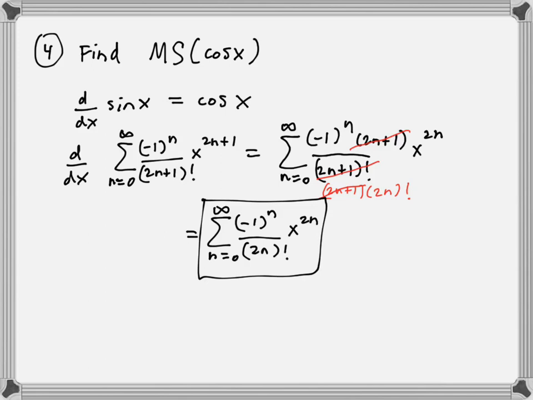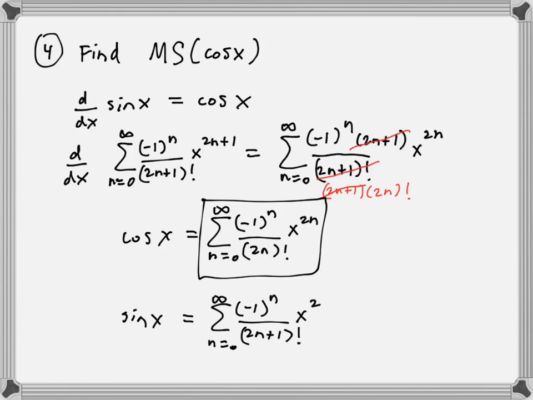So how would you remember this? Here's an easy way to remember that this one's cosine and this one is sine. This makes sense if you think of the nature of the functions. You notice that sine is an odd function and cosine is an even function.